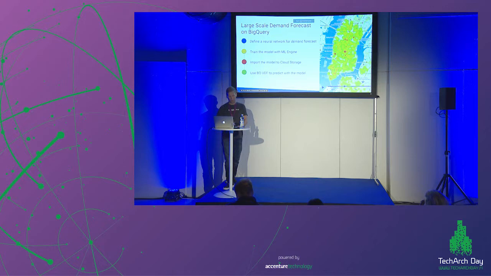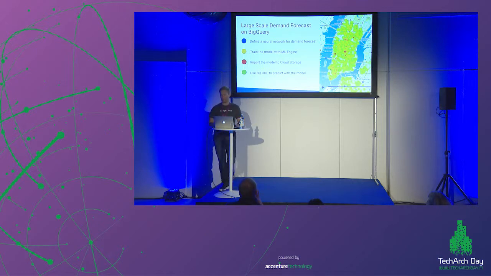So what we did here was that we defined the neural net for the demand forecast exactly the same way as we did in the previous demo, the one that didn't really work. And then we trained that model with Machine Learning Engine. We imported the model to cloud storage, and we used a basic JavaScript function to predict straight from SQL.